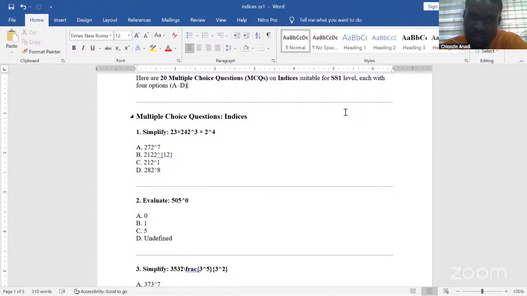Very good. What is expected of you to do here is that the 242 you're seeing here, is it possible for you to reduce this to its lowest form?